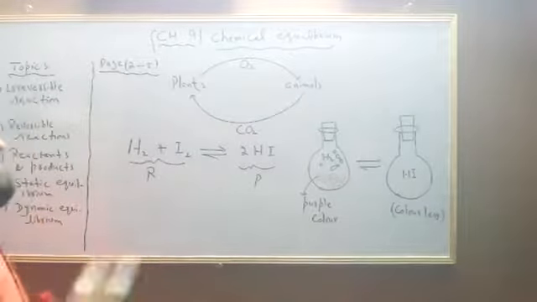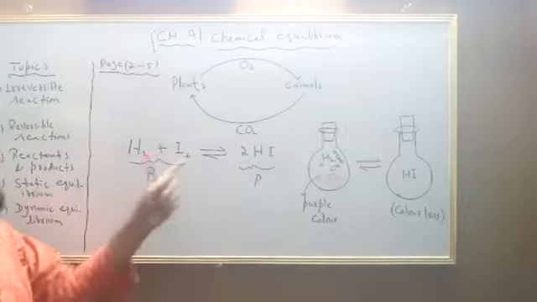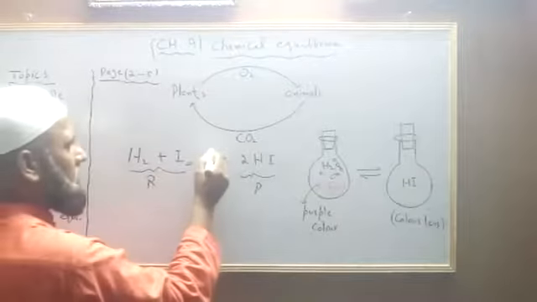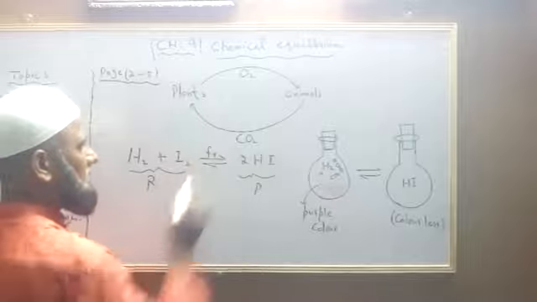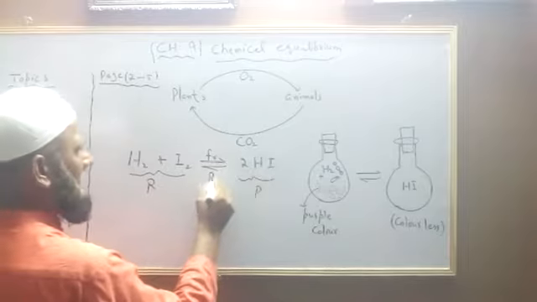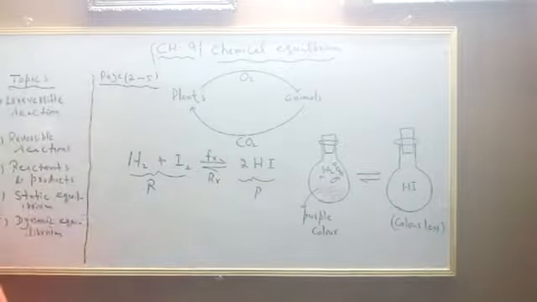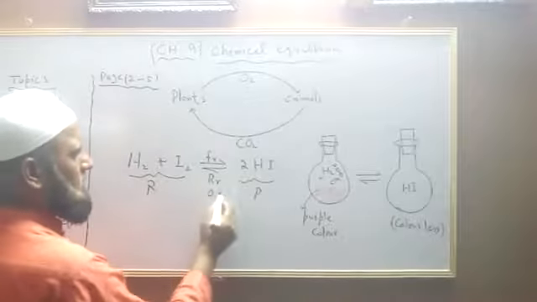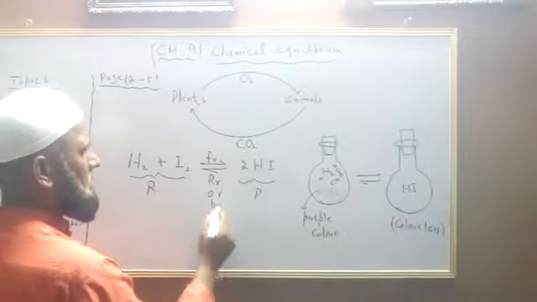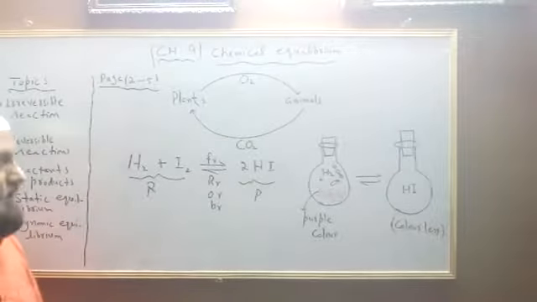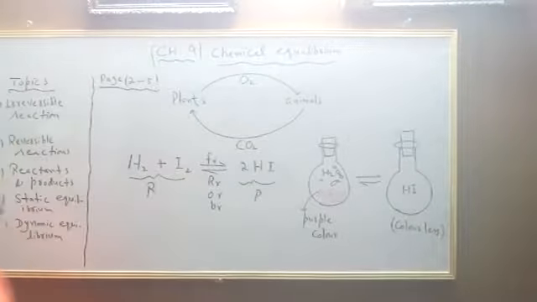Two directions or double-headed arrow: one arrow indicates the forward reaction, FR stands for forward reaction, and the other is the reverse reaction, RR, which you can also find in some books as the backward reaction. So it is a two-direction reaction, while the irreversible reaction is single direction.